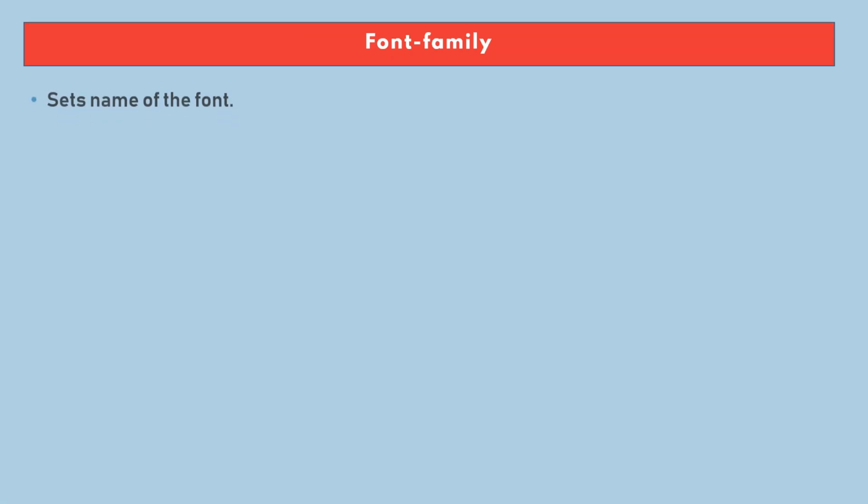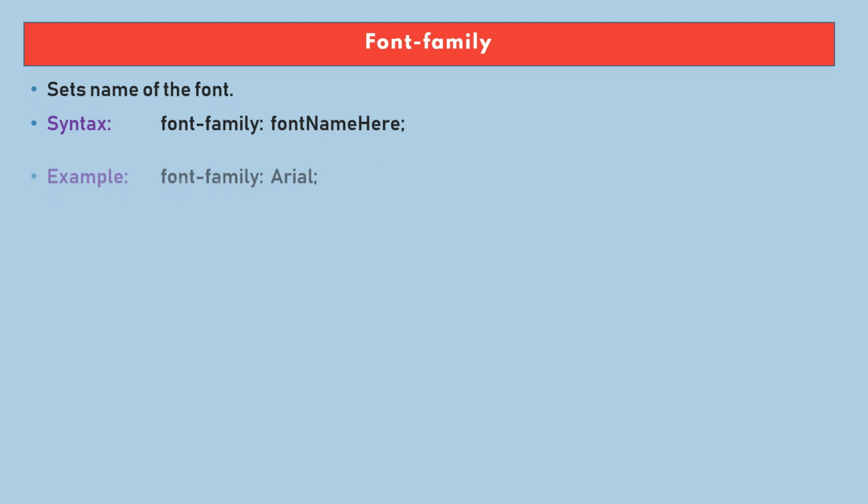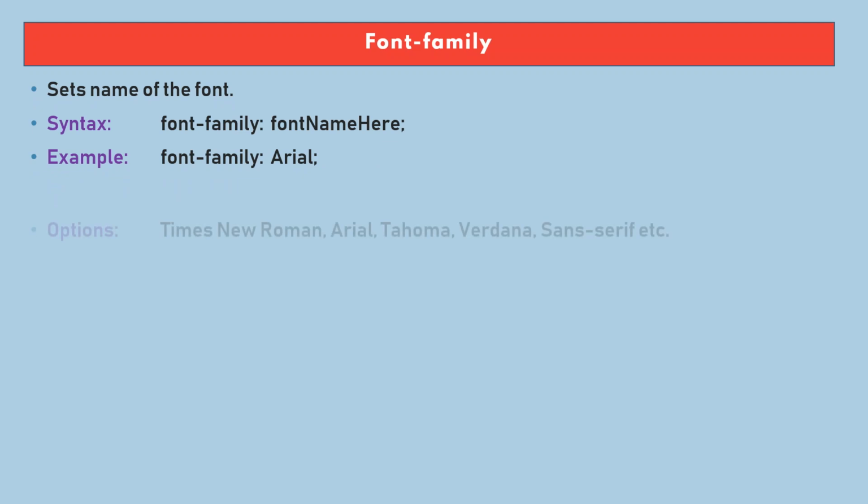Let's understand font family. Font family is used to specify the name of the font. For example, Arial, Times New Roman, any font name can be specified by using font family.